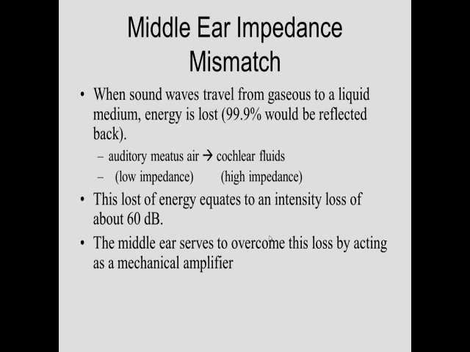You'll recall that I also had mentioned that there is a great deal of sound energy that is reflected off of or lost when the airborne sound signal reaches the fluid-filled medium of the inner ear or the cochlea. And that is very simply indicated here. You've got air on the outside, you've got fluids on the inside.